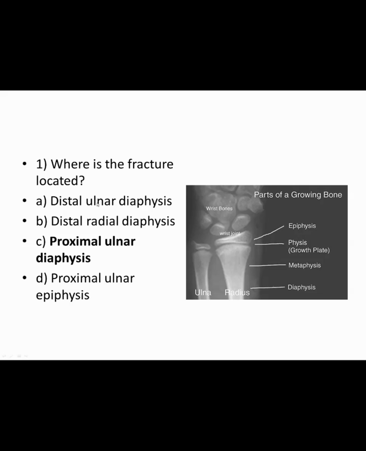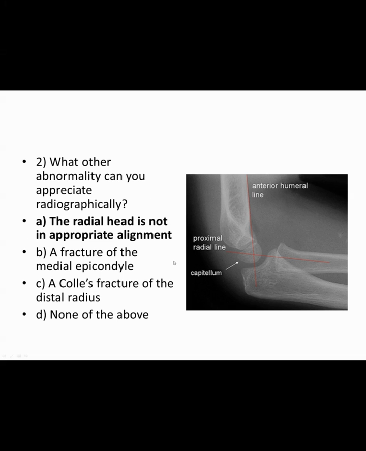So we know that the distal ulnar diaphysis is incorrect because the fracture is in the proximal ulna. We know that there is no fracture of the distal radius. And when we think back to our radiograph, we know that it's in the shaft of the ulna, which is the diaphysis, and therefore it was not at the end of the bone or epiphysis.